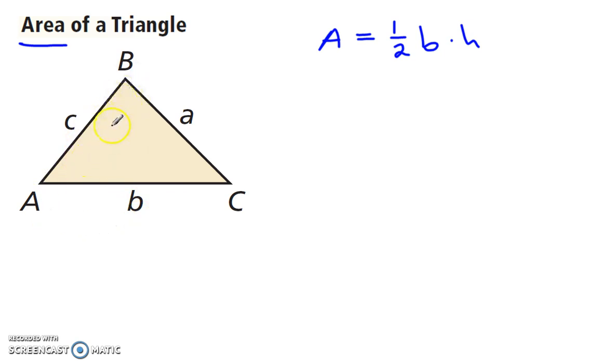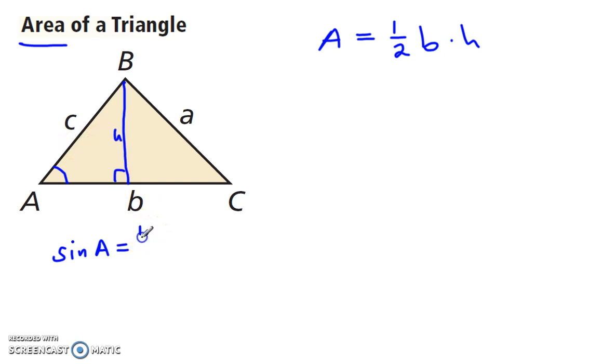But I can find the height. If I know this angle right here, let's say I know angle A, I can find the height. The height would be right here in a right angle. That would create a right triangle here, and so I could use sine A, which is opposite, which is the height, to hypotenuse.